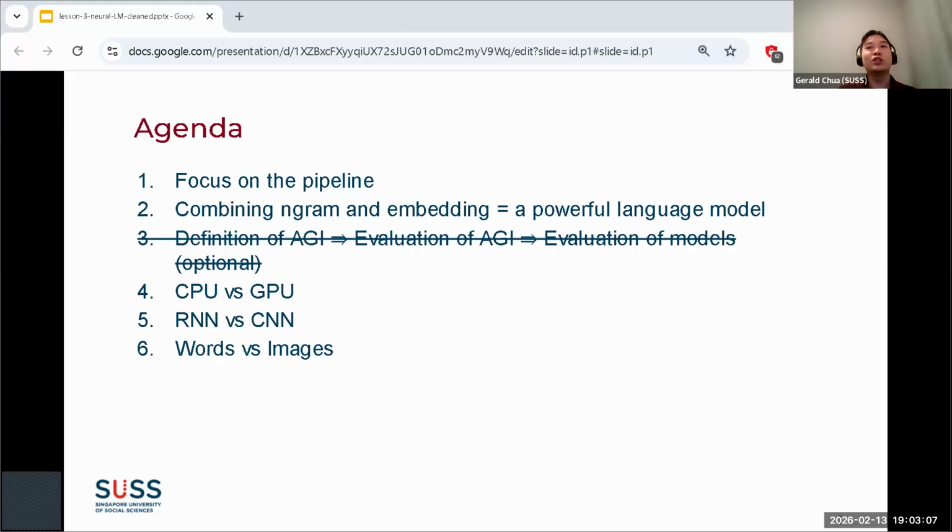Traditionally, neural networks usually take maybe 6 weeks to learn, like a big part of what neural networks are, and that's after you have done machine learning. But since most of you may not have done machine learning before, it may be a bit of a stretch.